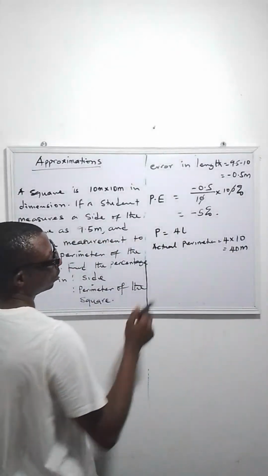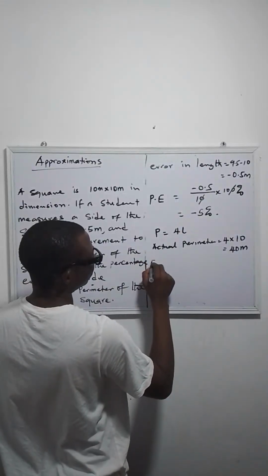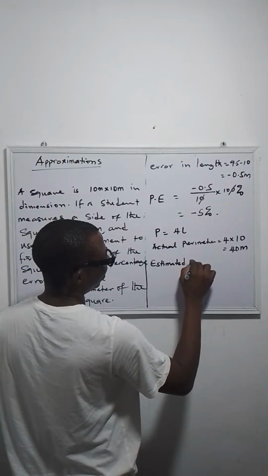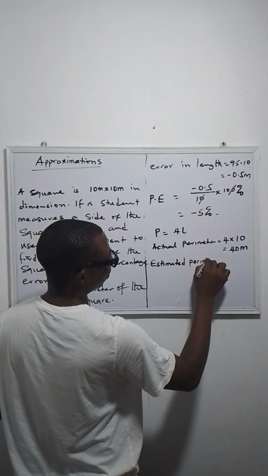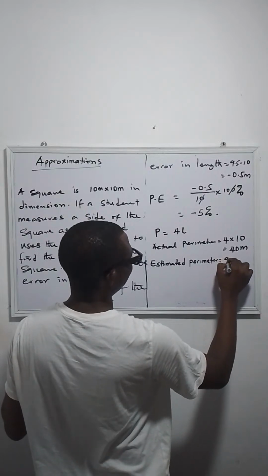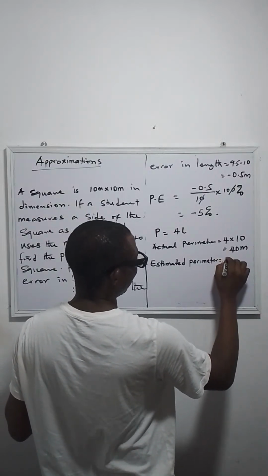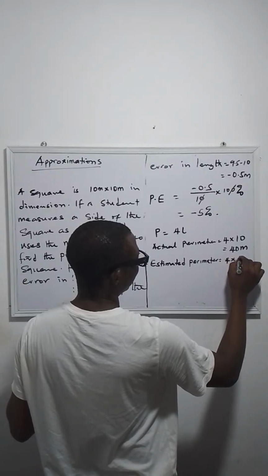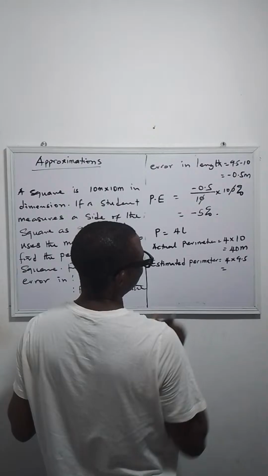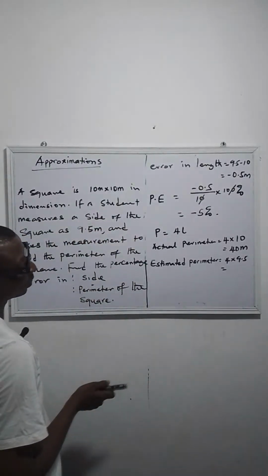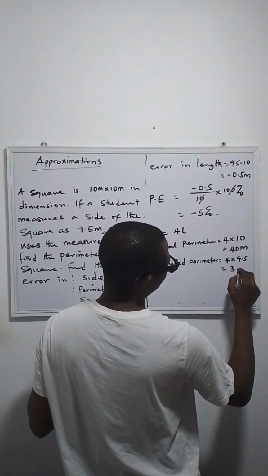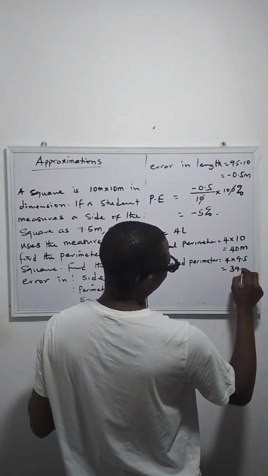All right. So the estimated perimeter, that is the perimeter calculated by the student, that's going to be what? 9.5, or 4 times what? 4 times 9.5. So, and that gives you what? So let's reduce that. That's going to give you 39.8.